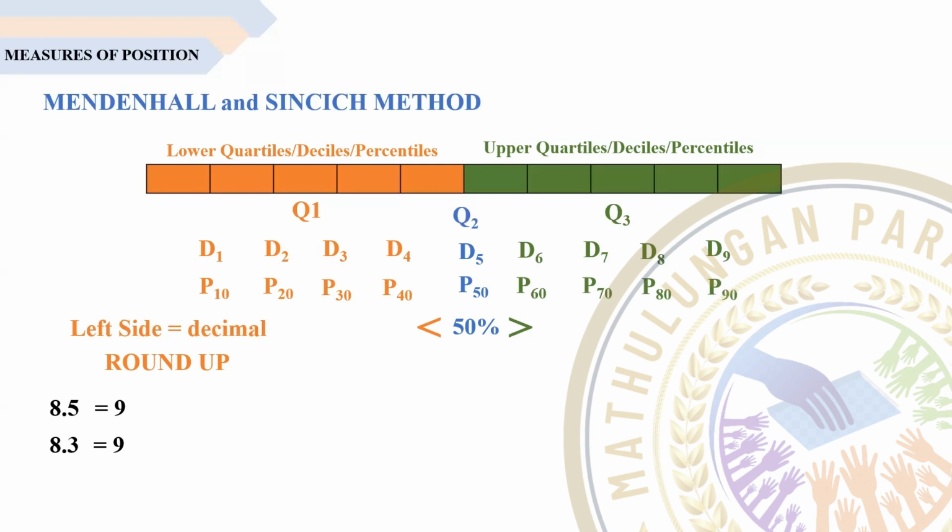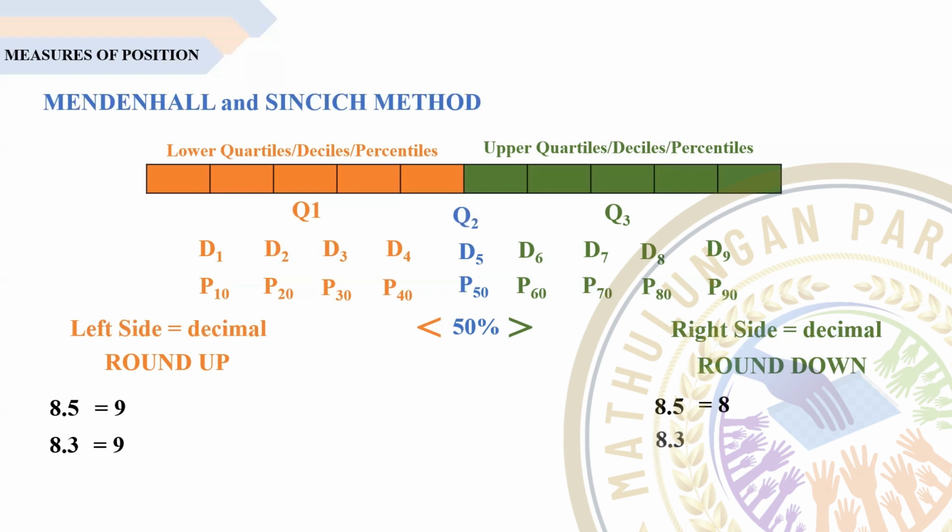and the computed value of the measure of position ay may decimal na kasama, then we have to round down the computed value. Let us say, for example, ang computed value natin ay 8.5. That means that position na ilolocate natin ay 8. Very good.